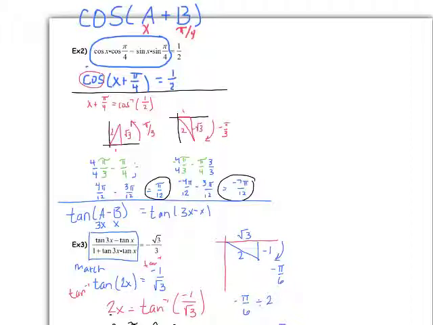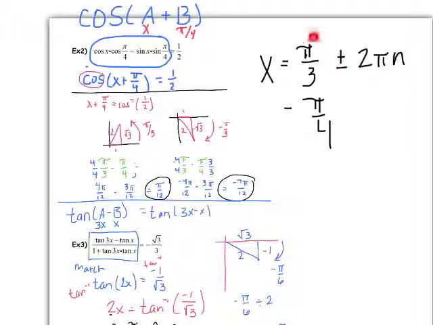So if I go back to example 2, I got an answer of pi over 3. Let's go ahead and do plus or minus 2 pi n. Now when you subtract the pi over 4, subtraction is only going to go with like terms.